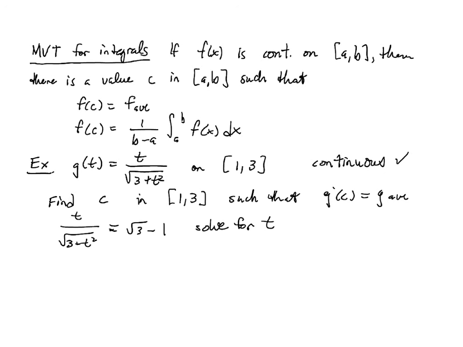I won't do all the steps for this. The first step is to square both sides. t squared over 3 plus t squared equals square root of 3 minus 1 squared, which is the same thing as, when you work it out, 4 minus 2 square root of 3.